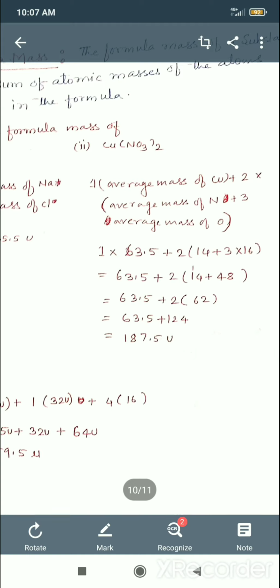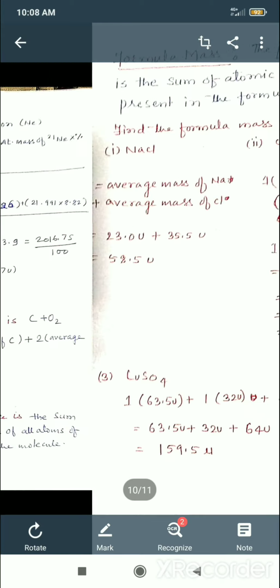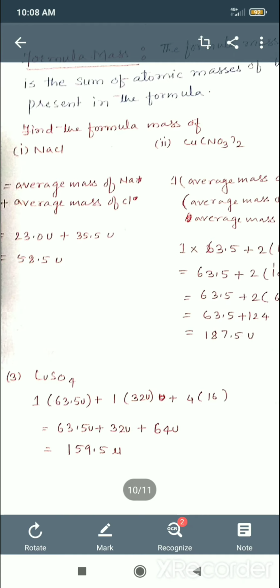Formula mass is 187.5. So I am trying to solve different problems for you. A very simple problem, that is CuSO4: 1 copper, 1 sulfur, 4 oxygens. Copper we have just calculated, 63.5. Sulfur is 32 and oxygen is 16.